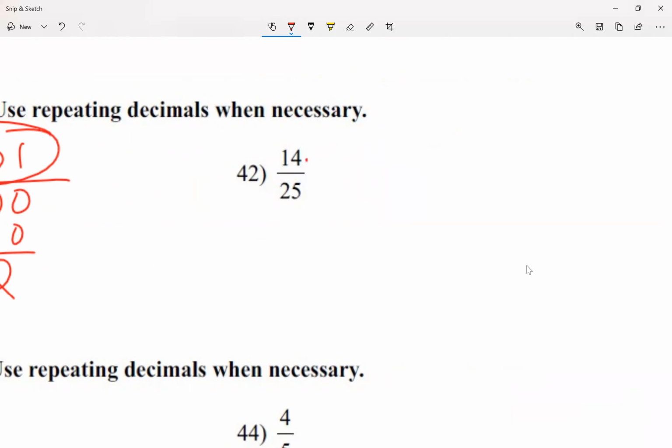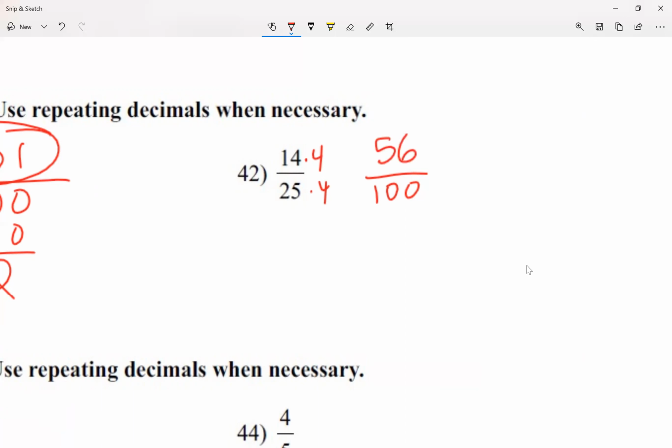I'm going to multiply top and bottom by 4, because the bottom is going to become 100. I want the bottom to be a 1 with zeros, so in this case, 100. Now on the top, 14 times 4 is 56.